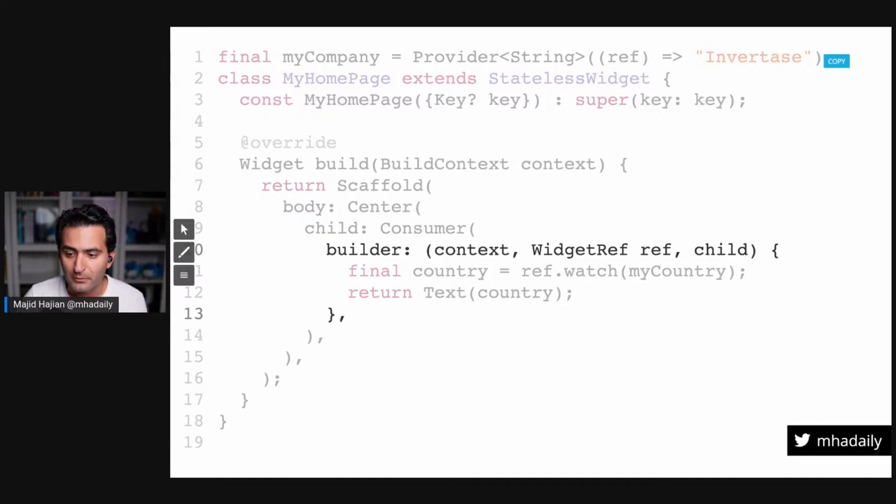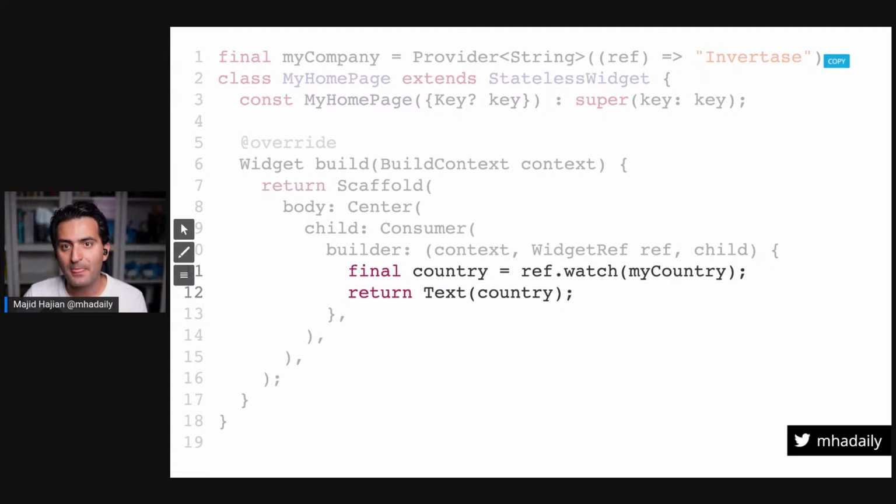The child, you're familiar with. And the second one is ref, which is the WidgetRef, particularly for Riverpod. In ref, you have a bunch of methods, and one of them is the watch method, where you can watch your provider that you defined, and it gives you the value that you defined in your provider. In this case, it will be inverted.